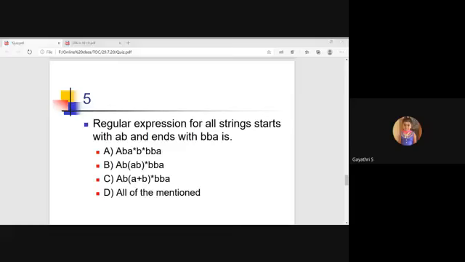Which one is the right regular expression for this problem statement? Anyone? Starting with AB and ending with BBA, so in between, any combination of.